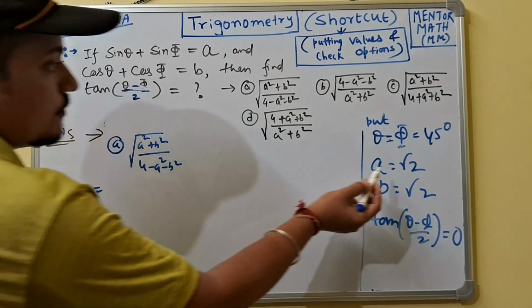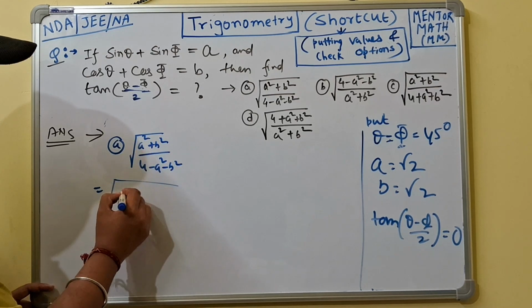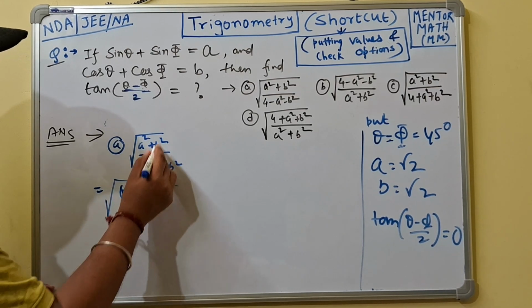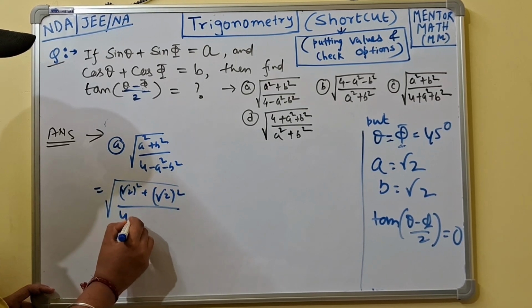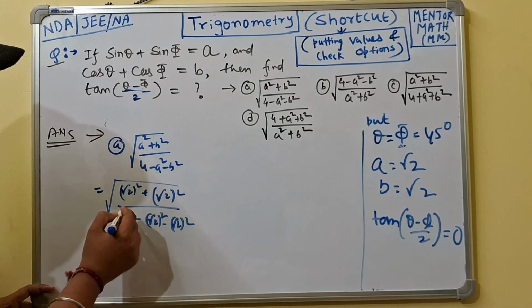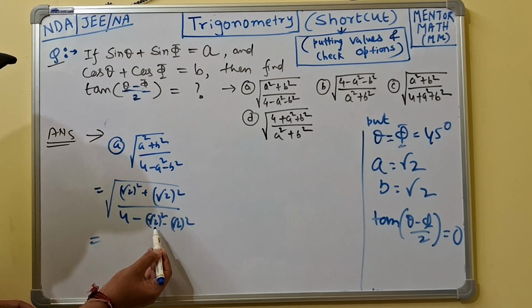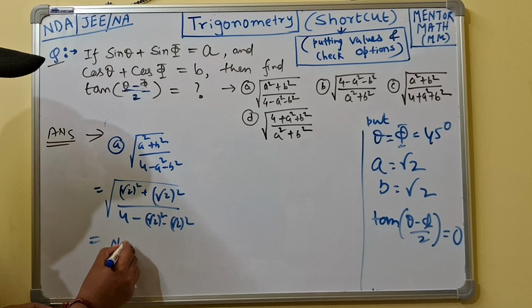If we put a equal to root 2, root 2 square means 2, and b is root 2, again root 2 square is 2, divided by 4 minus 2 minus 2. So the denominator is 0, that is not defined.